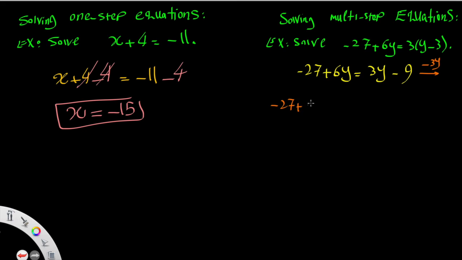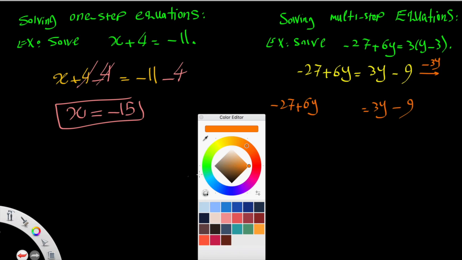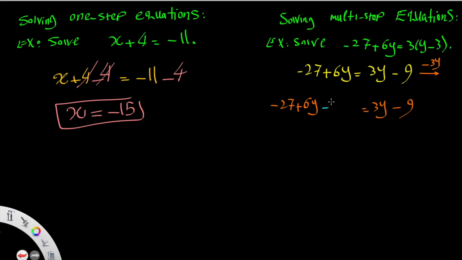Let me use another color to clearly show what is happening here. 3y is subtracted because I want to get rid of this 3y. So 3y minus 3y will be 0, they cancel out each other. So you have minus 27 plus 6y minus 3y, together 3y, is equal to minus 9.